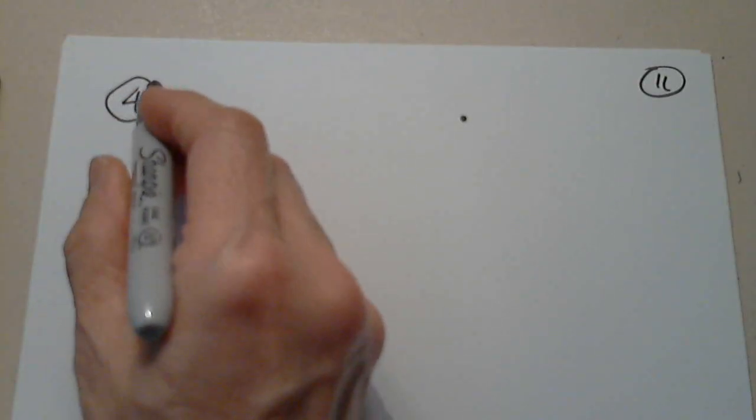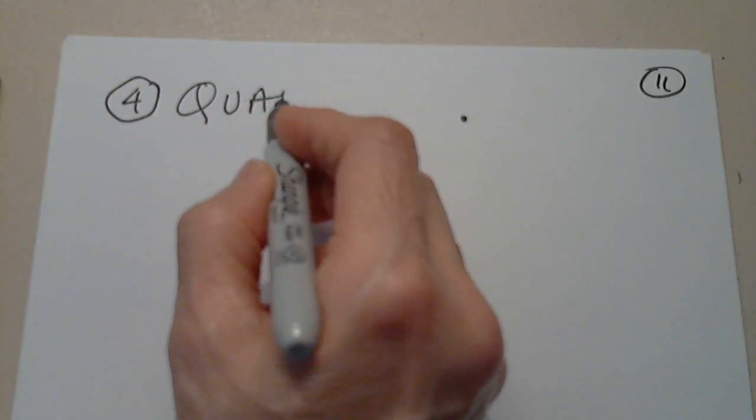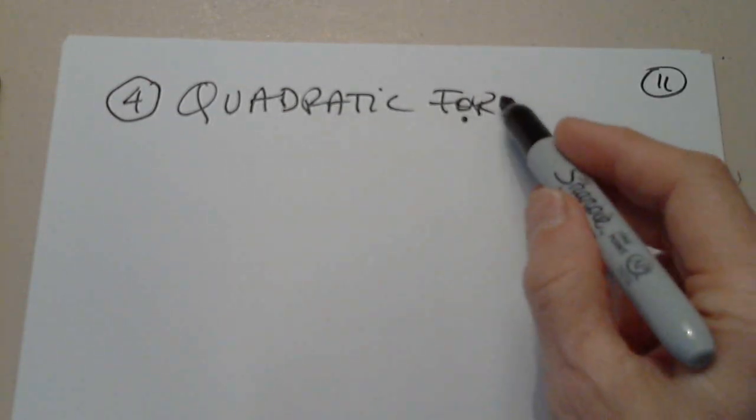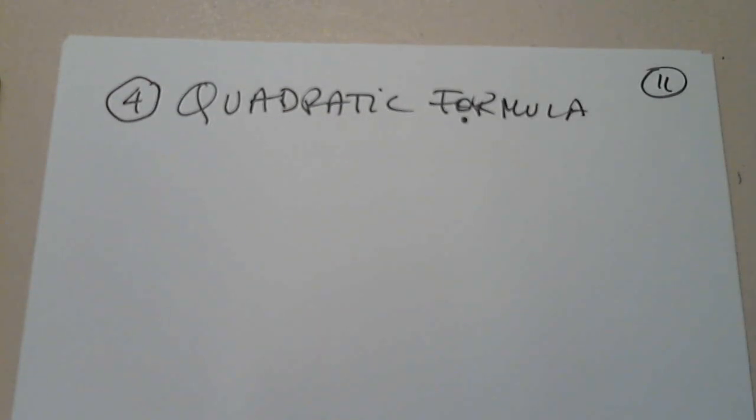Okay, finally, method 4. Method 4 is the quadratic formula. The quadratic formula can be applied in all situations when solving quadratic equations. In certain situations, I don't recommend it, but it can be applied.